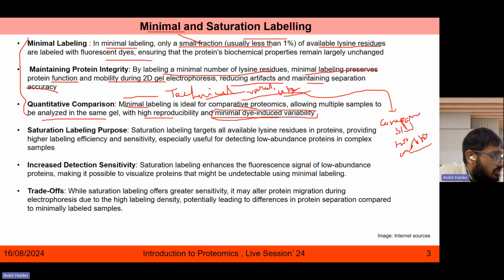And why the term saturation labeling? What is the meaning now? Saturation labeling again is the same in the literal meaning, like it was for minimal labeling, which is very minimum.